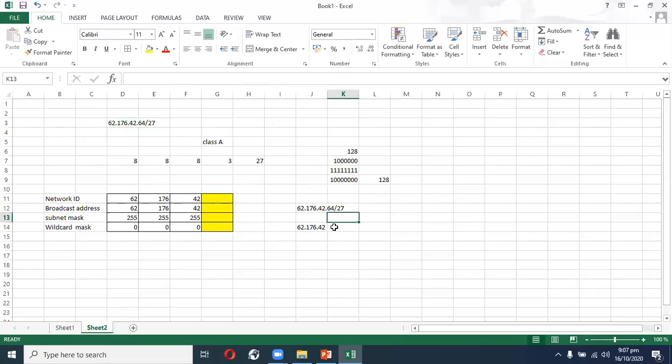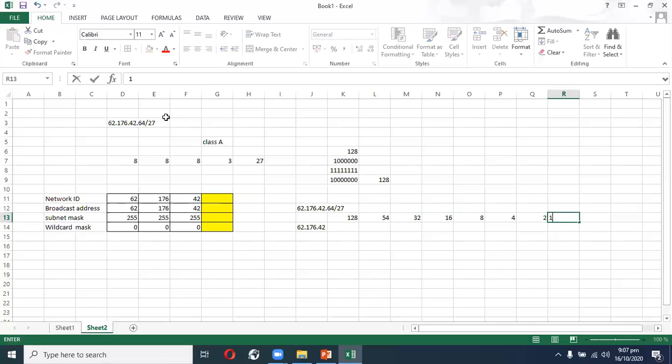Here we will write the formula. We know our formula is 128, 64, 32, 16, 8, 4, 2, and the last one is 1.